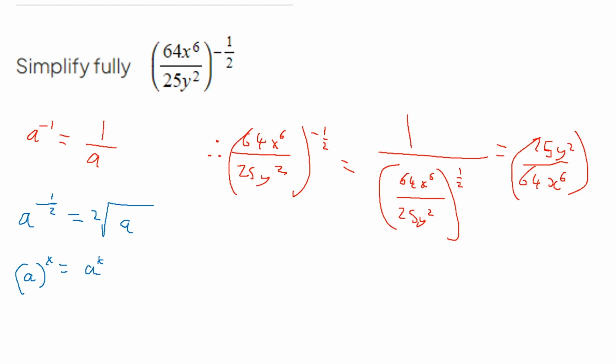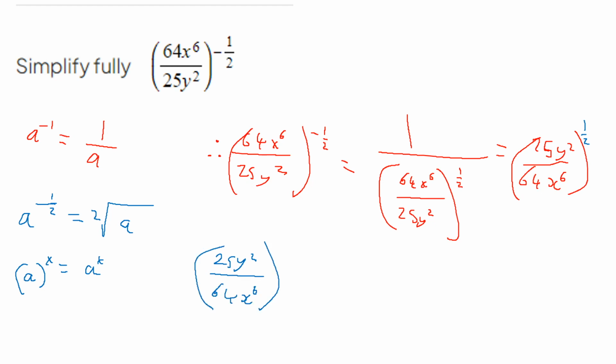So it's just multiplying those two indices. So let's use that to our advantage. That's going to be 25y squared over 64x to the 6, all to the half.